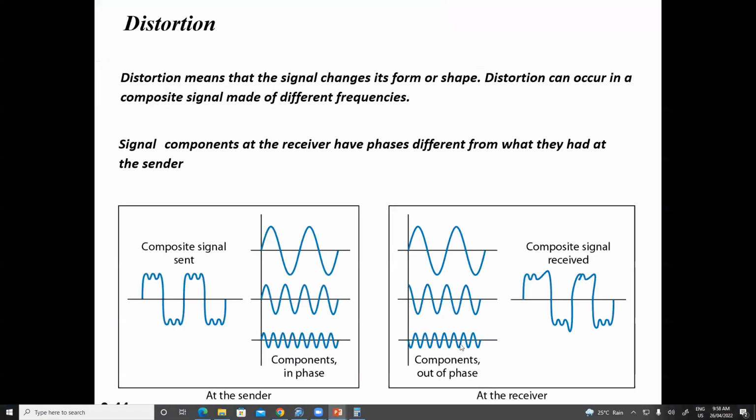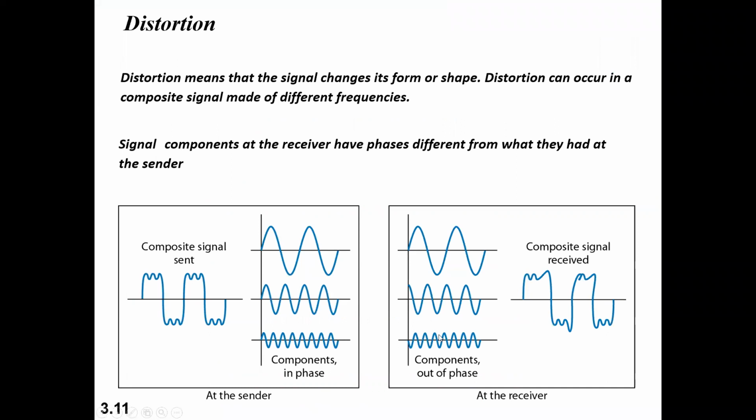All right. The second type, shall we continue? Yes. The second type of cause of the impairment is distortion. Distortion means that the signal changes its form or shape, and distortion can occur in a composite signal made of different frequencies. Composite signals means many signals with different frequencies.